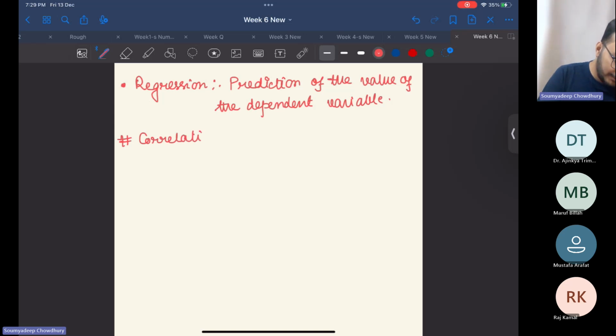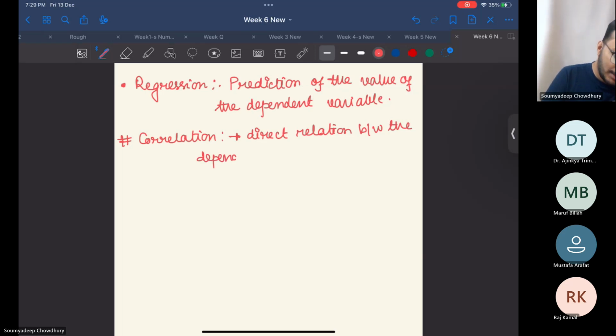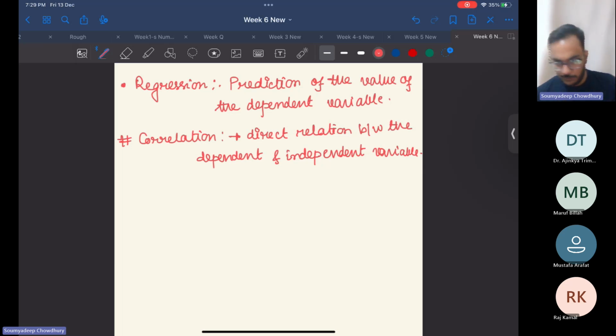The basic purpose of regression is to find a correlation or a direct relation between the dependent and the independent variable.